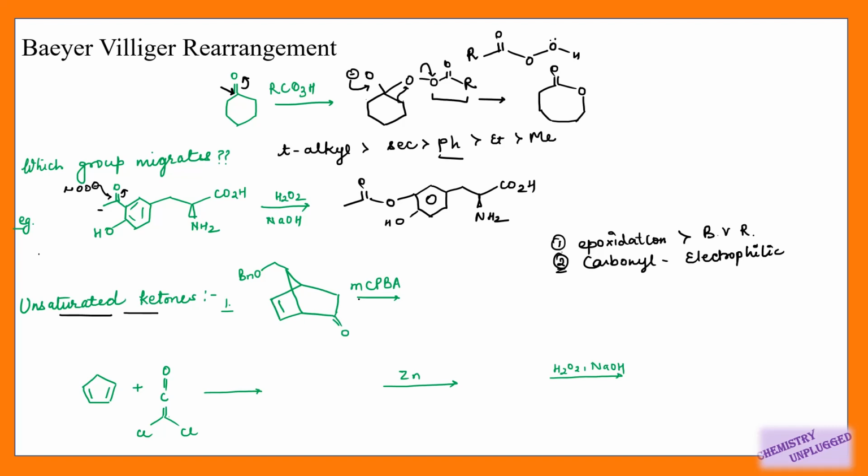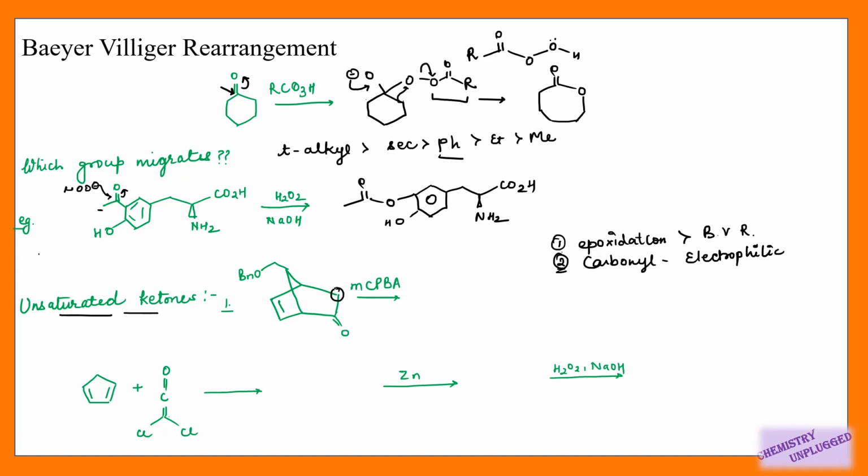So in this case, we cannot decide whether this double bond is more nucleophilic or this ketonic group is more electrophilic, because there is no substitution here. But we can see that due to the cis arrangement of this benzyl ring, the epoxidation process is hindered, and we can easily do Baeyer-Villiger reaction. In Baeyer-Villiger reaction, we have to decide whether we migrate this secondary alkyl group or this tertiary alkyl group.